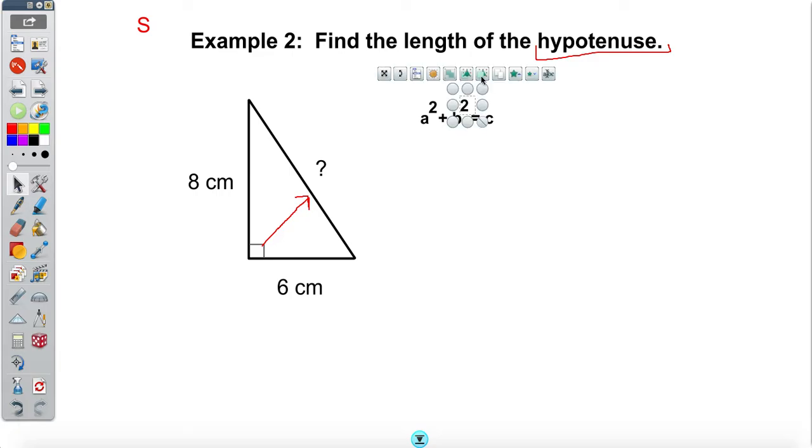Since we are missing the hypotenuse, your first step should have been to plug in 8 and 6 for a squared and b squared. So we have 8 squared plus 6 squared is equal to c squared. And again, to solve for c, you have to get c by itself. So 8 squared is 64. 6 squared is 36.